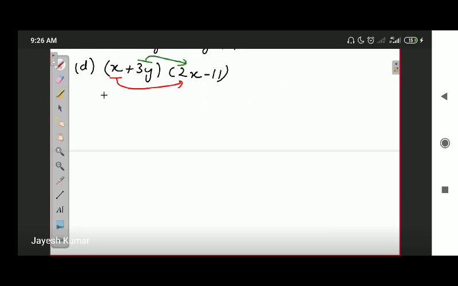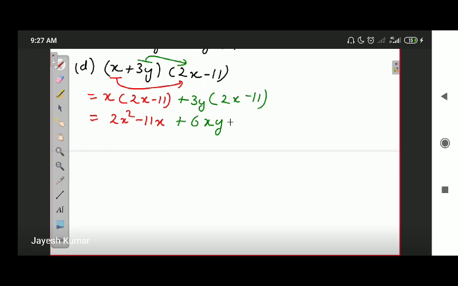So when x is multiplied with the second bracket 2x minus 11, and plus 3y is multiplied with the second bracket 2x minus 11, on doing the multiplication, 2x into x will be 2x square, minus 11x, plus 3y into 2x will be 6xy, and 3y into minus 11 is minus 33y.